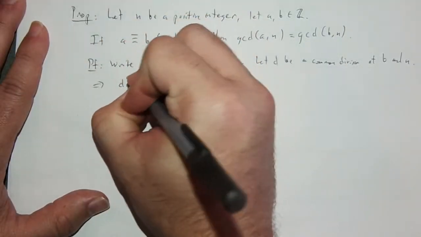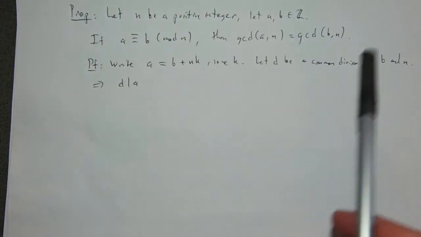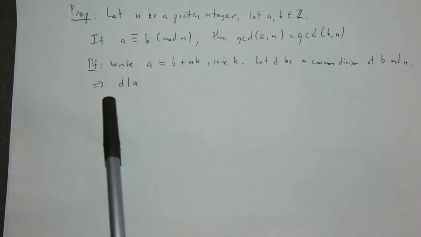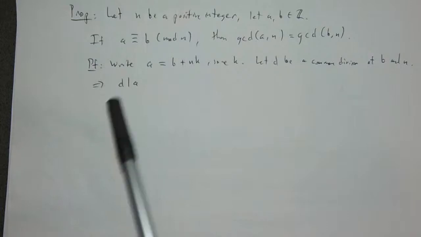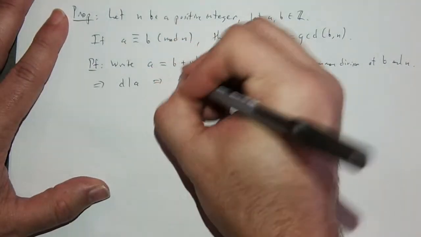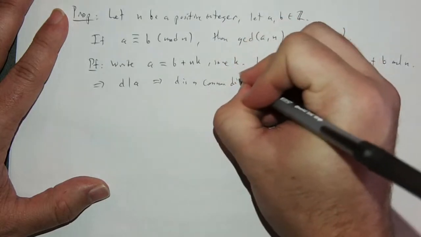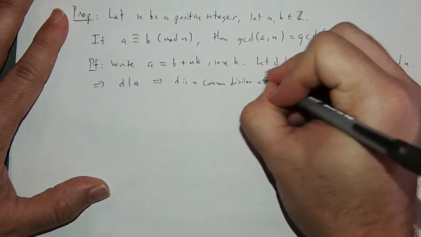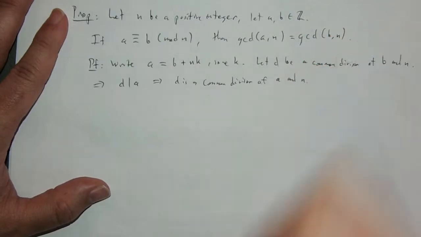So d divides a. So d is a common divisor of b and n. It also must divide a, since I can write a as a linear combination of b and n. So then it divides a and it divides n. So d is a common divisor of a and n.